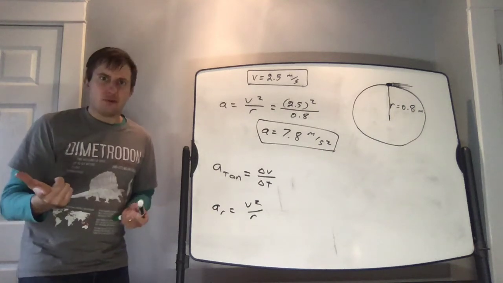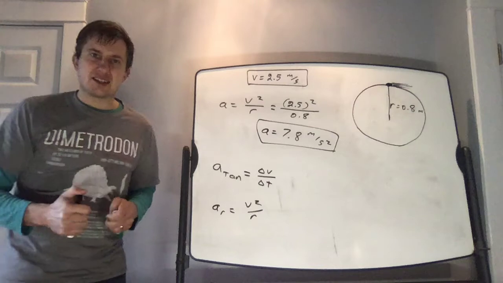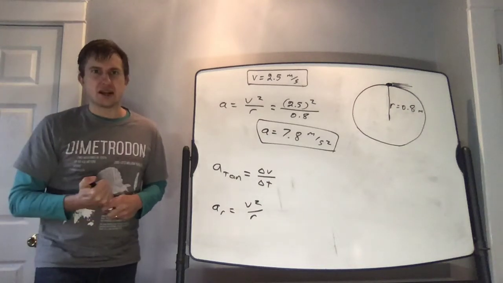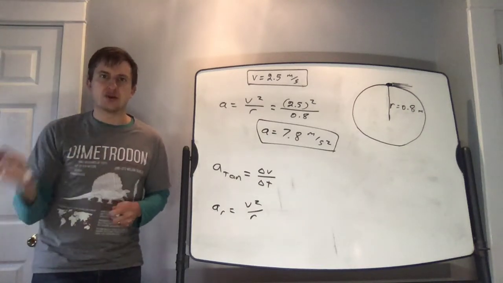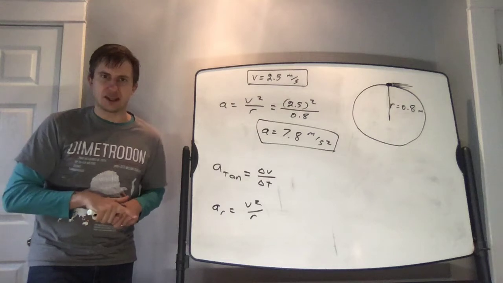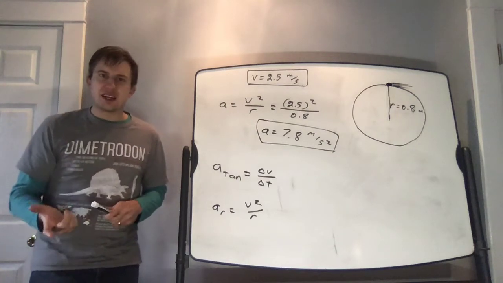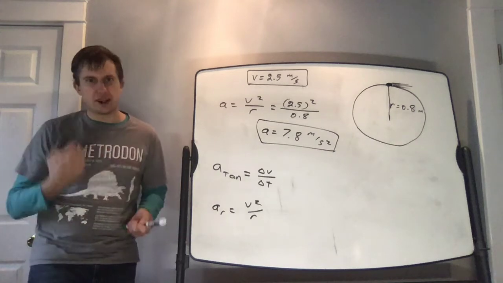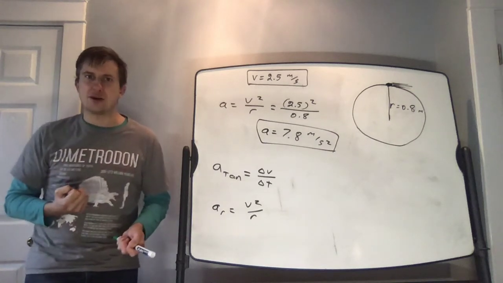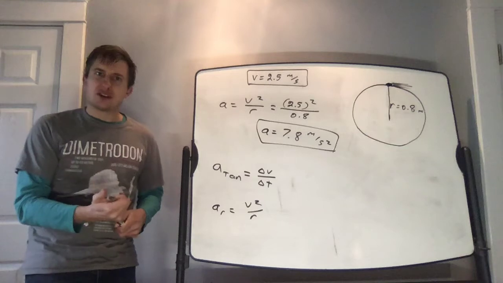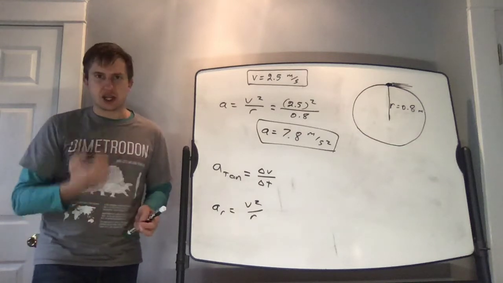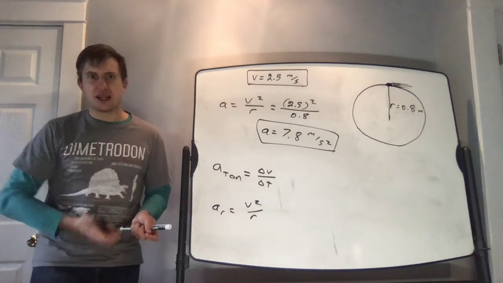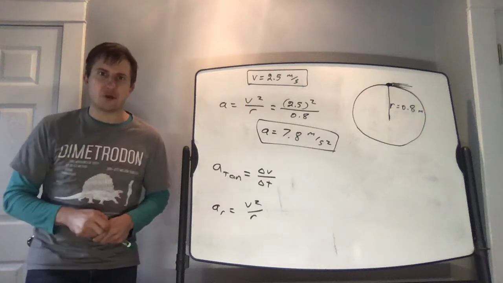Velocity itself is a vector quantity, so velocity has both a magnitude and a direction associated with it. You could change velocity either by changing the magnitude of your velocity, that would be like speeding up or slowing down, or you could change the velocity vector by changing the direction that it points. In other words, change the direction of travel.